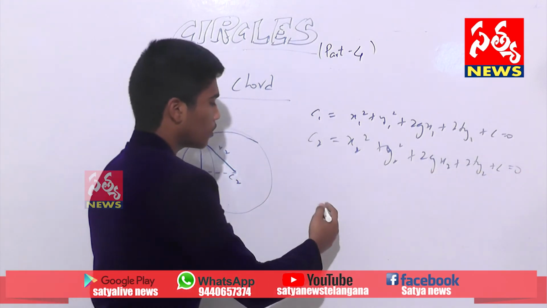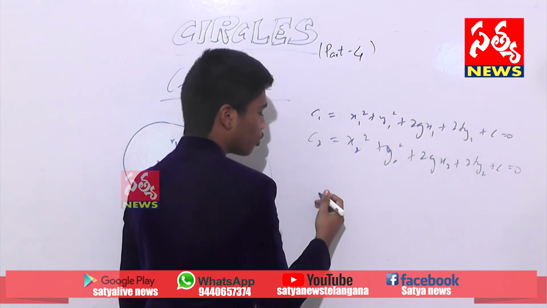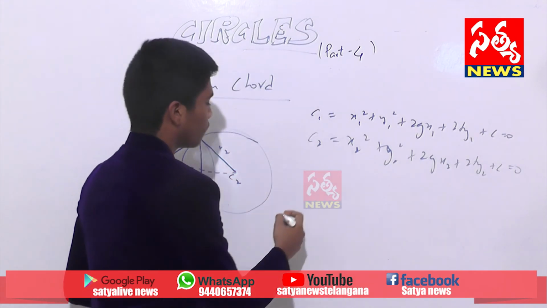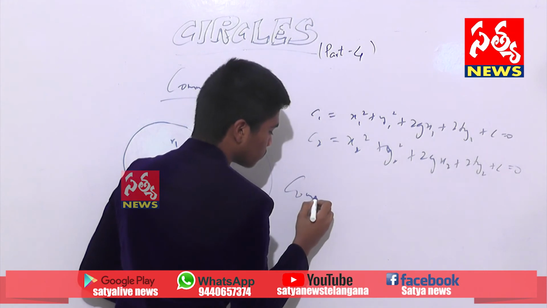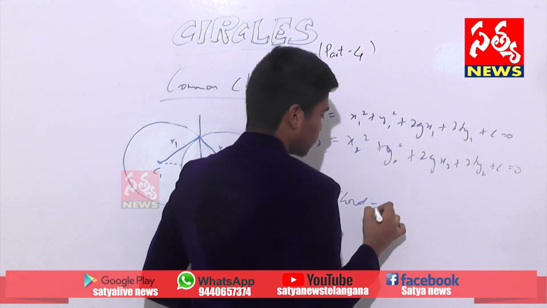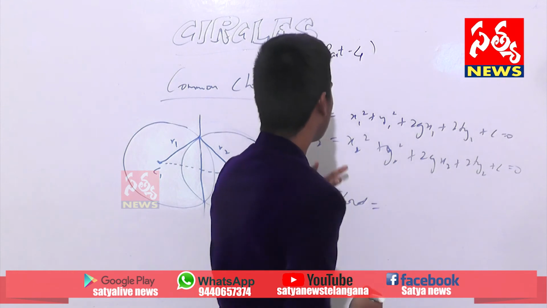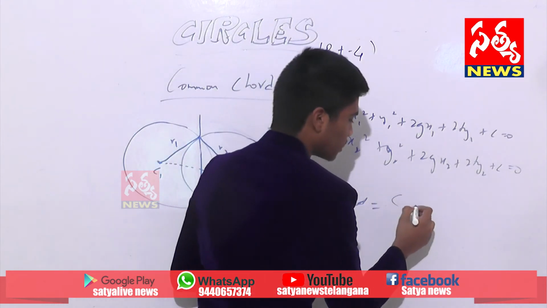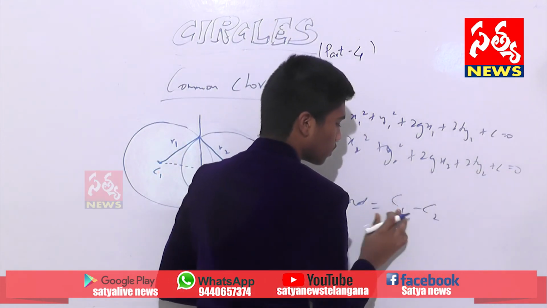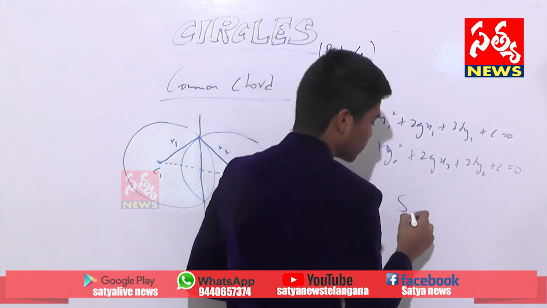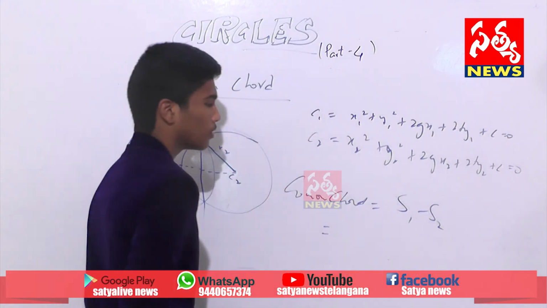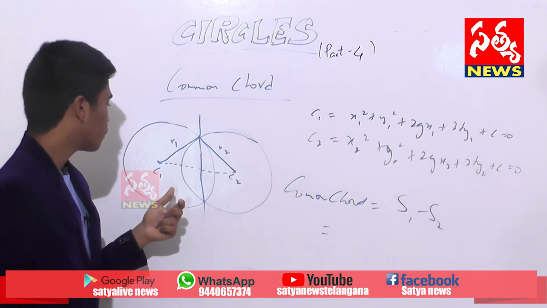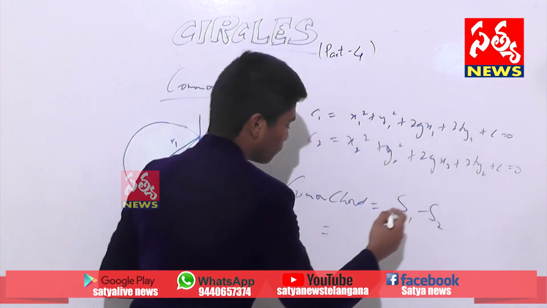Okay. Now directly going to the formula for common chord: it is the equation of circle C1 minus C2, or else it can be represented as S1 minus S2. S1 is circle 1 and S2 is circle 2.